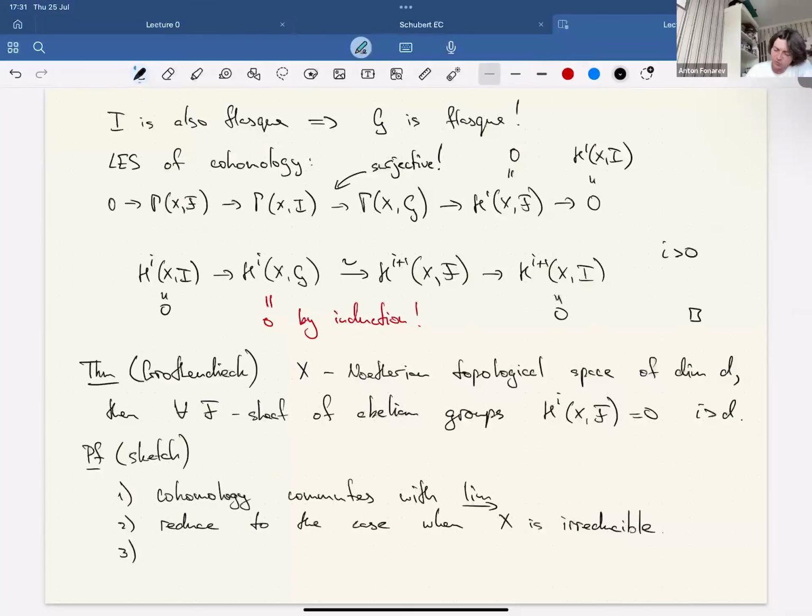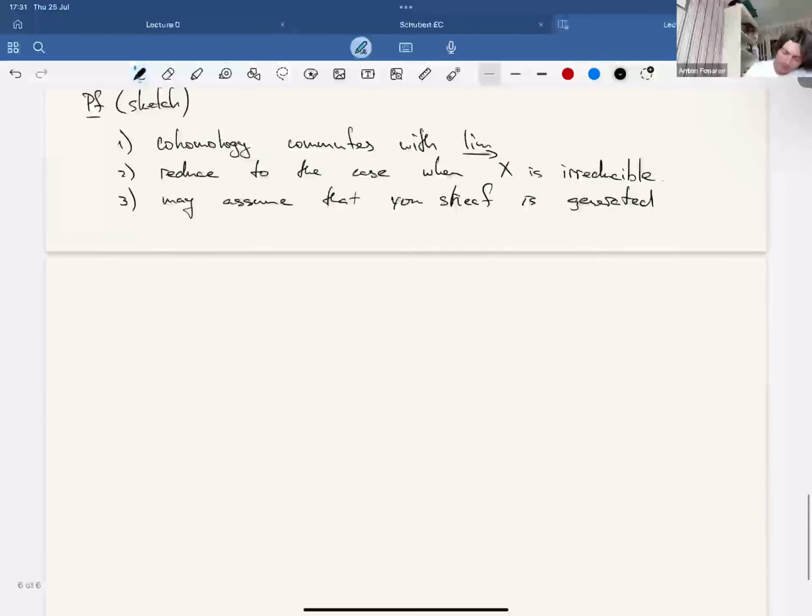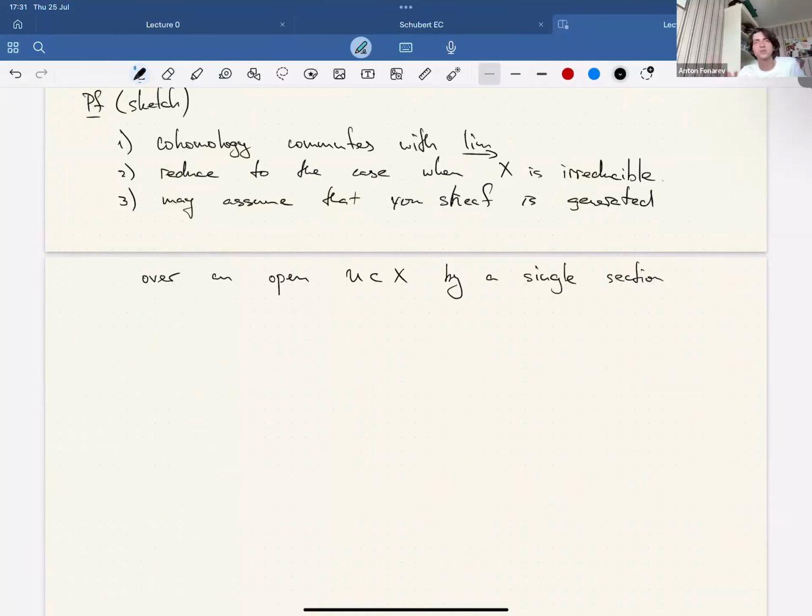Third, since this commutes with direct limits, you may assume that your sheaf is generated over an open subset U inside X by a single section, meaning that there's a surjection from Z_U onto this thing.